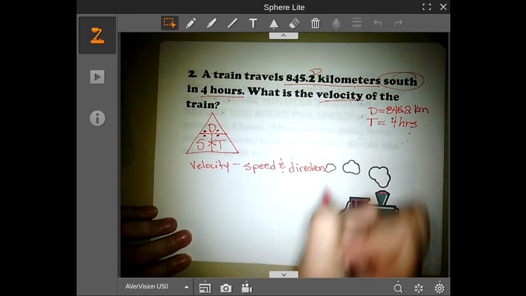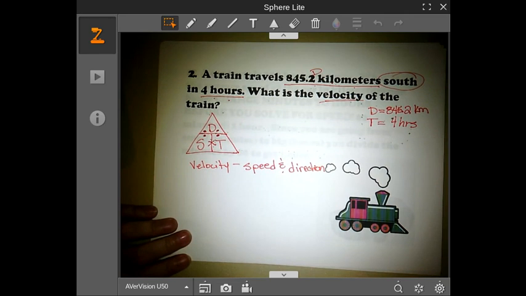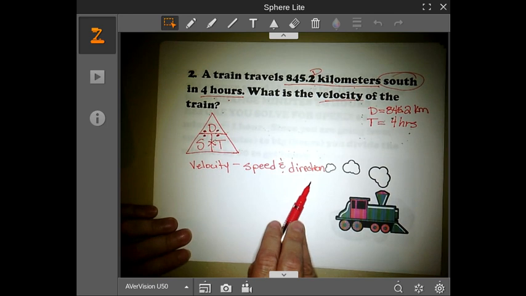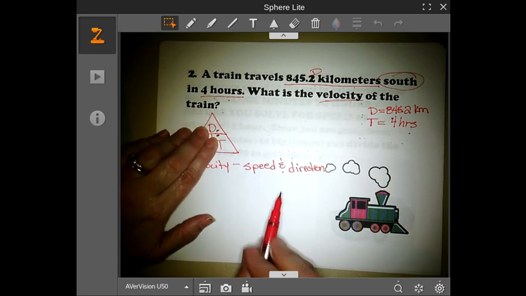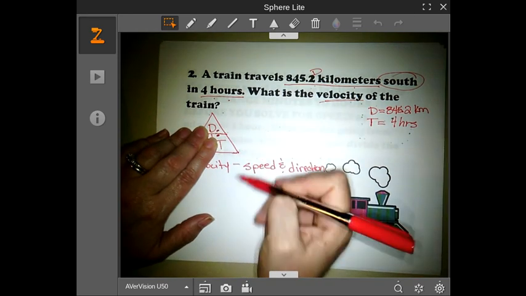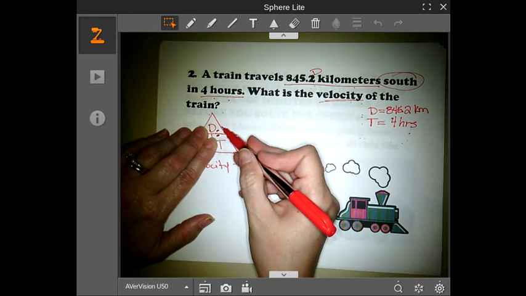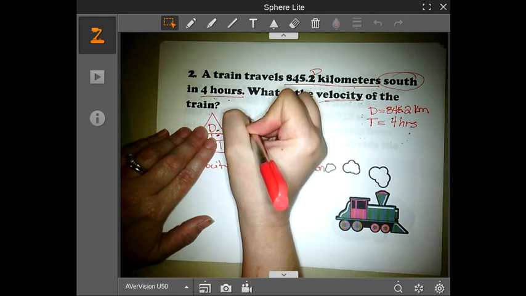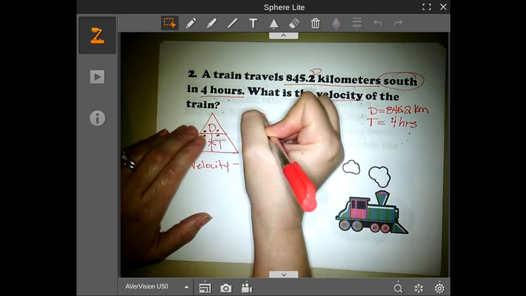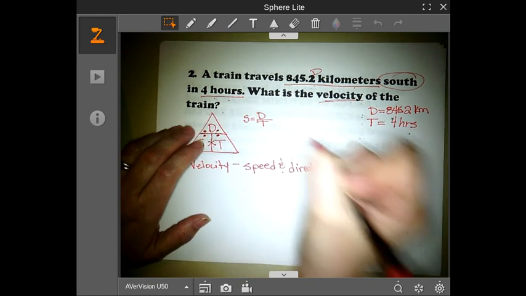So you actually calculate speed and velocity the exact same way, because velocity is a speed. You just also tell what direction that speed is going in. So we still just cover up the S, and it tells us that we need to divide distance and time. So we're going to have speed is distance over time.